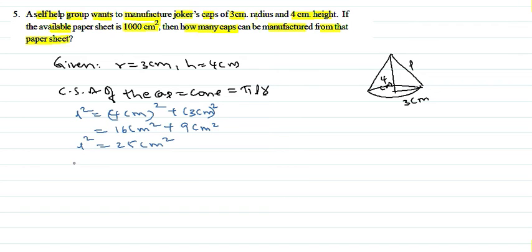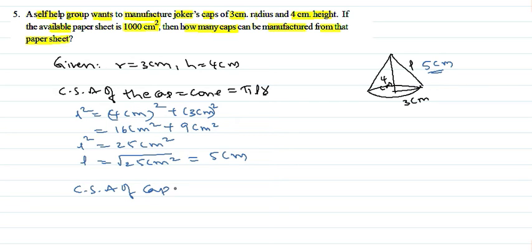So we got L square is equal to 25 cm square, then L is equal to square root of 25 cm, which is equal to 5 cm. So we got slant height is 5 cm. Now substitute the values in the surface area of the cap, which is equal to 22 by 7 into slant height 5 cm into radius 3 cm.